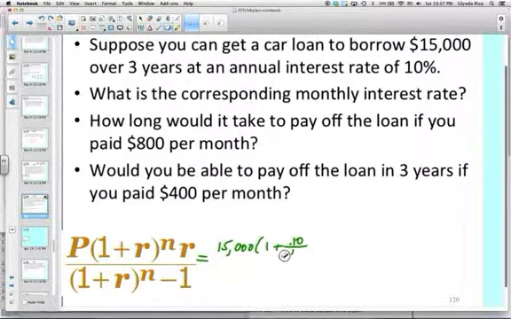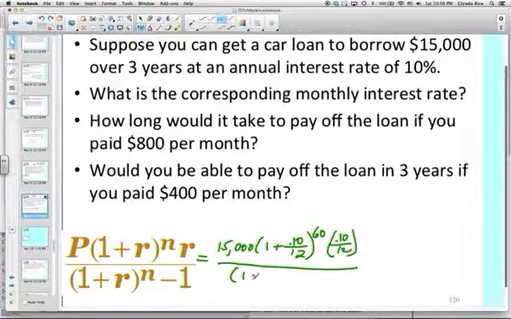Whole thing divided by 1 plus 0.10 over 12, 60 here, minus 1. If you're typing this in your calculator, which would probably be the smartest thing to do, make sure you have at least this.